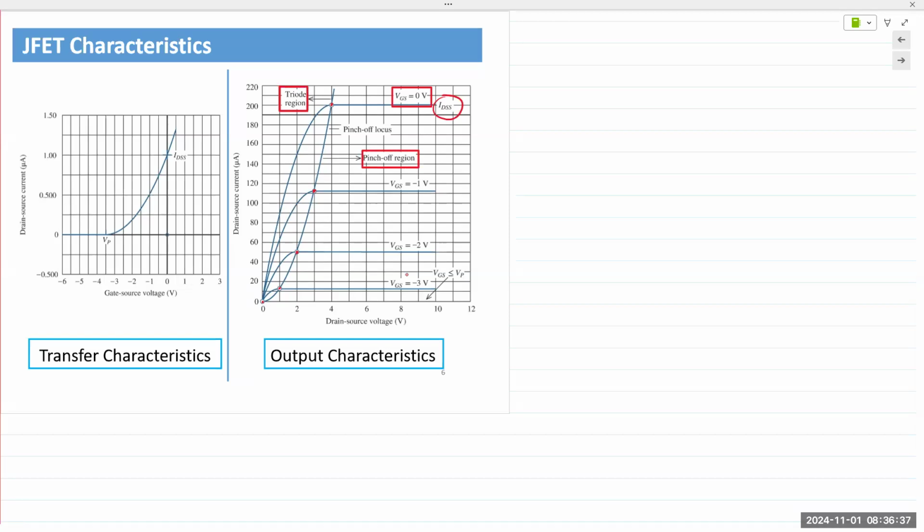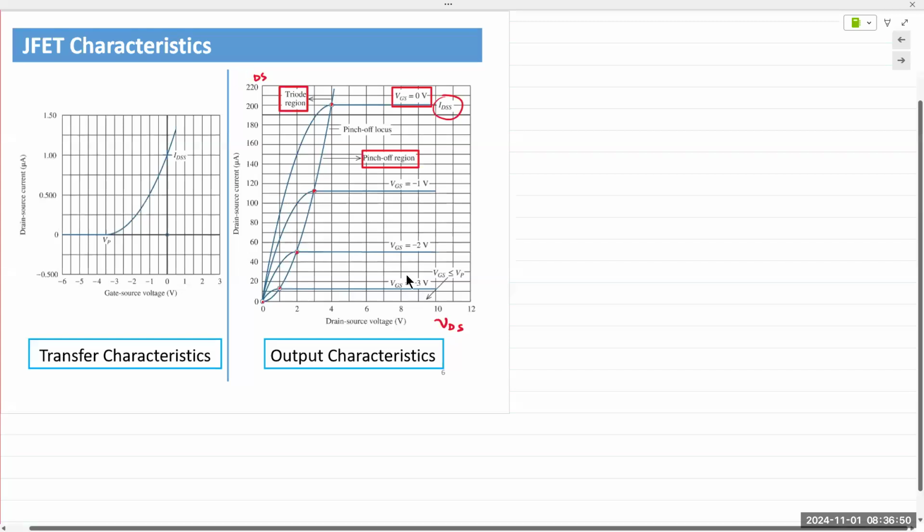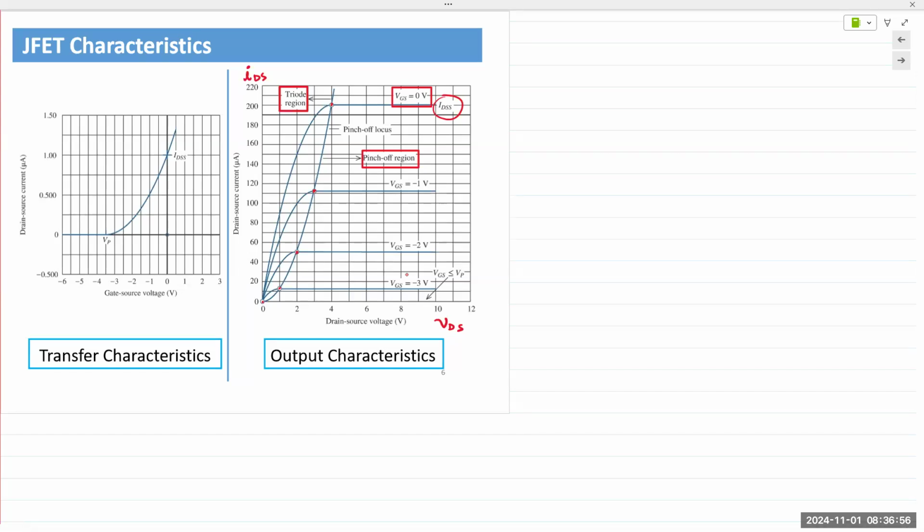And then if we plot, this is VDS right here, and this is IDS. VDS versus IDS. If we plot IDS levels, or the drain-to-source current, for every VGS value, you obtain this transfer characteristic on the left.